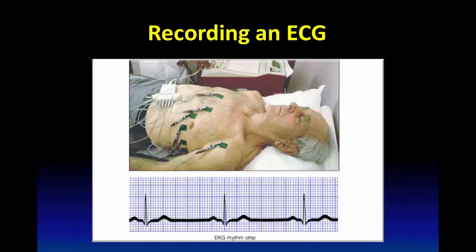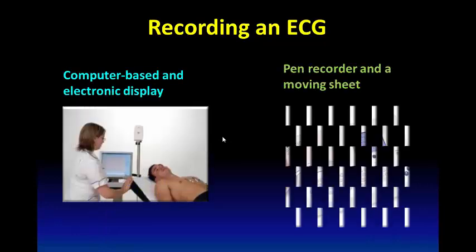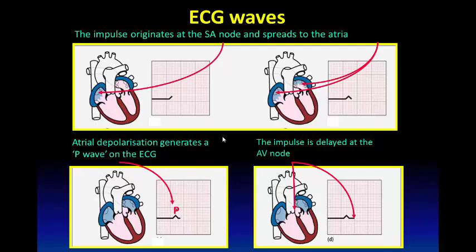The active electrode is connected to the positive end of the galvanometer, and the reference electrode, which is kept at 0, is connected to the negative end of the galvanometer. So when we have the polarization moving towards the active electrode, this will give us a positive deflection, a positive wave, and we will see the details of these waves and intervals when we record the AVL.